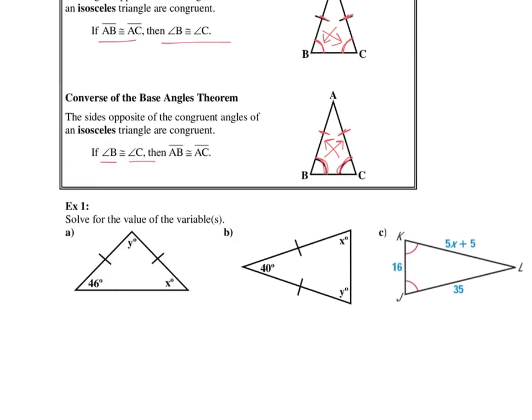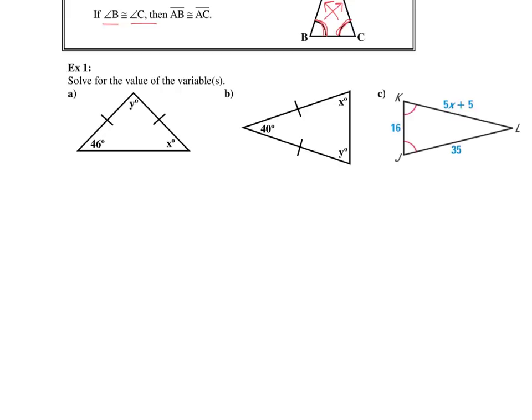So for example 1, solve for the value of the variables. Well, we have these two sides are the same. It's an isosceles triangle. And applying the base angle theorem, we know that the angles across from those congruent sides are the same. So x is equal to 46 as well. So we have that piece. And now I have two angles of the triangle.